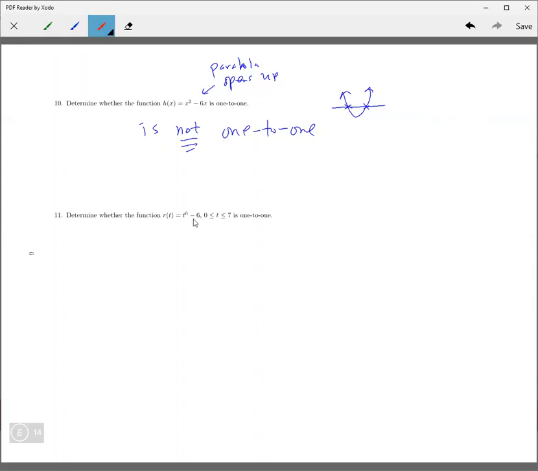Okay, now this next one, t to the 6th minus 6. What happens there is that t to the 6th is like this really flat thing, but this is shifted down by 6. So it's going to be this flat thing that then just shoots up like that, kind of relatively flat.